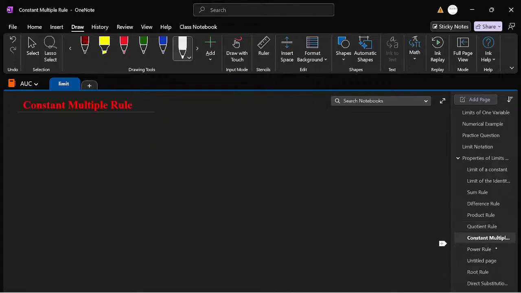Okay, so now let's look into another one. That will be the constant multiple rule. Please, if you have any question, don't hesitate to ask. At any point in time, you can always ask your question. For this, you have the constant multiple rule. What do you think? You can type in the comment section.